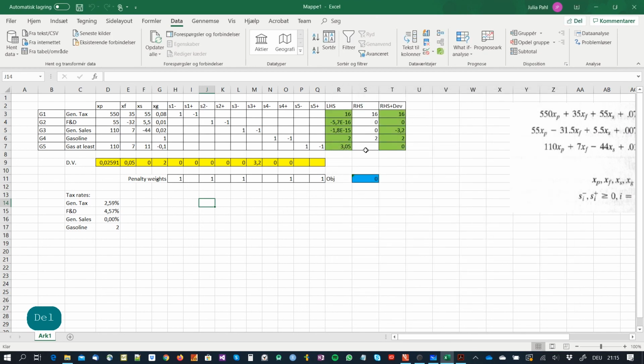Okay, so I don't say solve now because I want to add the right hand side. That should be 0.